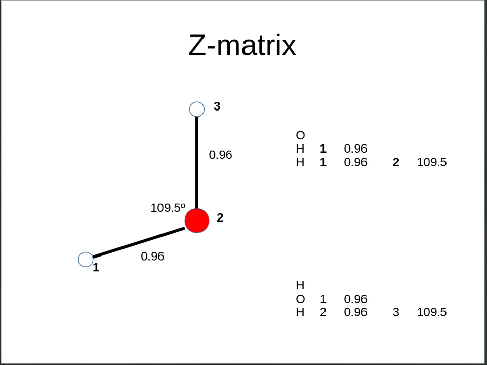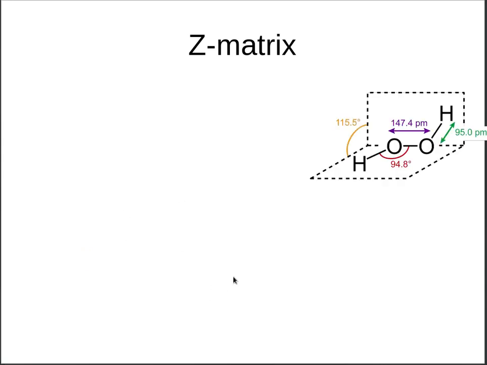Okay, I'd like to look at a slightly more complicated example, maybe hydrogen peroxide. So here's hydrogen peroxide, and can we build up a Z matrix for hydrogen peroxide? This picture you can see is one conformation that's listed on the Wikipedia page for hydrogen peroxide.